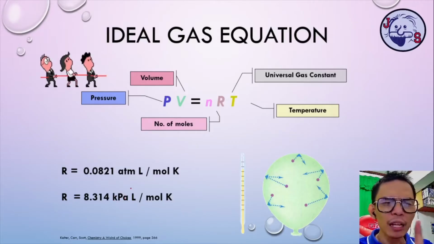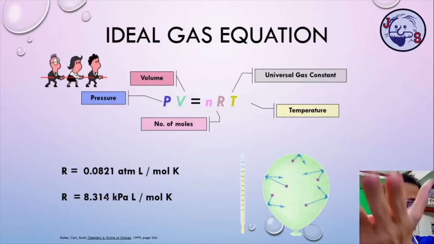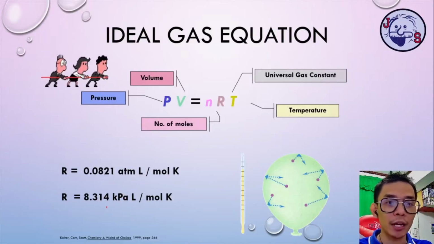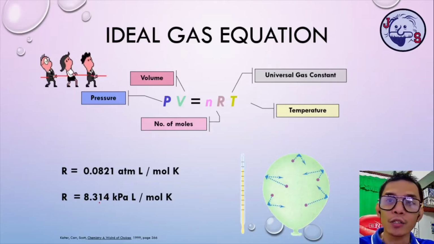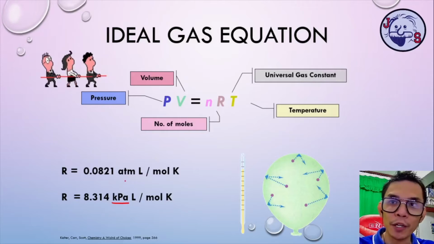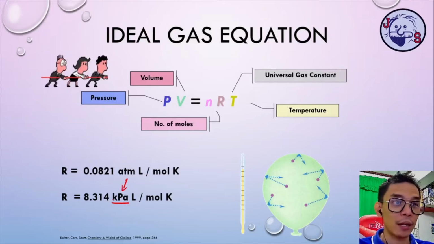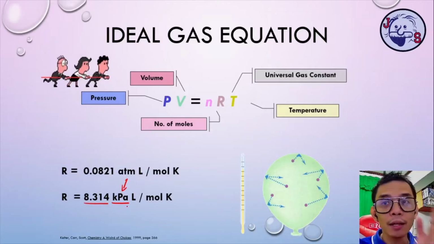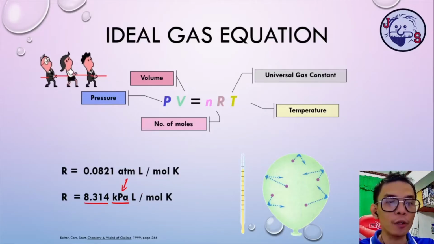But it's still the same R. I just changed the unit of the pressure from atmosphere to kilopascal. So, it will have 8.314 kilopascal liters per mole Kelvin.